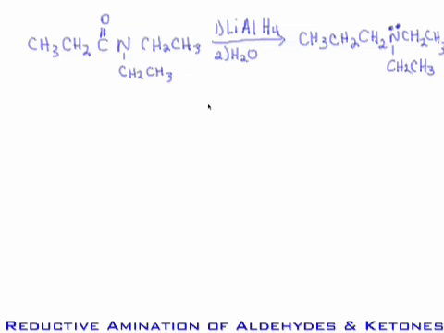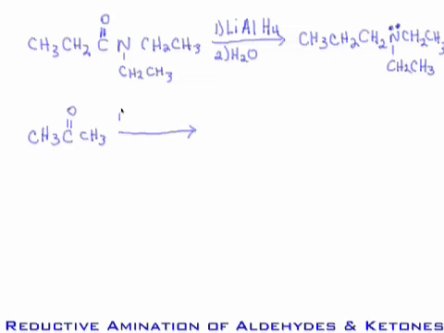And of course, there is reductive amination of aldehydes and ketones. It's a two-step process that involves conversion of the aldehyde or ketone to an imine first.